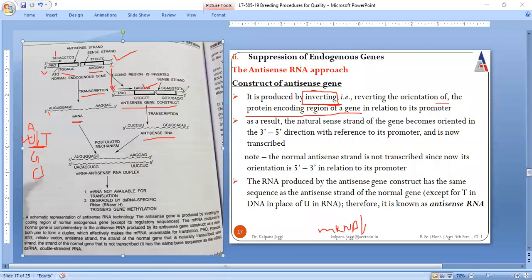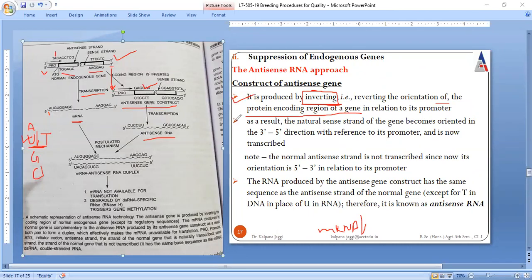It is not the antisense strand. It is the sense strand that is now in the orientation 3' to 5', in reference to its promoter. And now it is the sense strand that is transcribed, not the antisense strand. Here the antisense strand was transcribed, but here the strand that is transcribed is the sense strand.